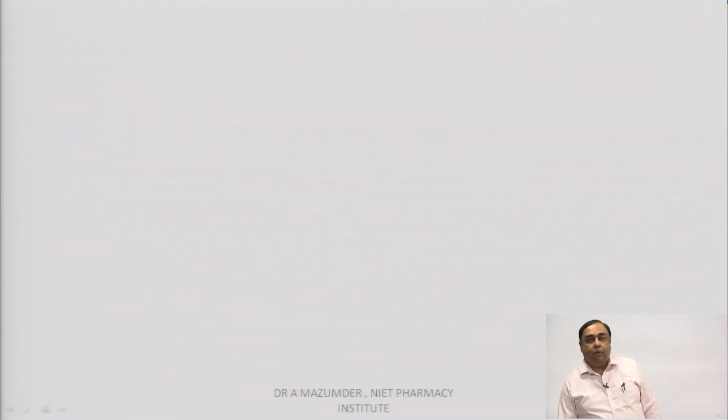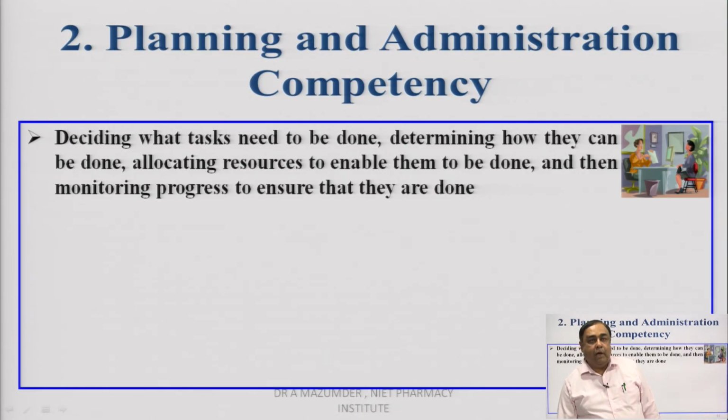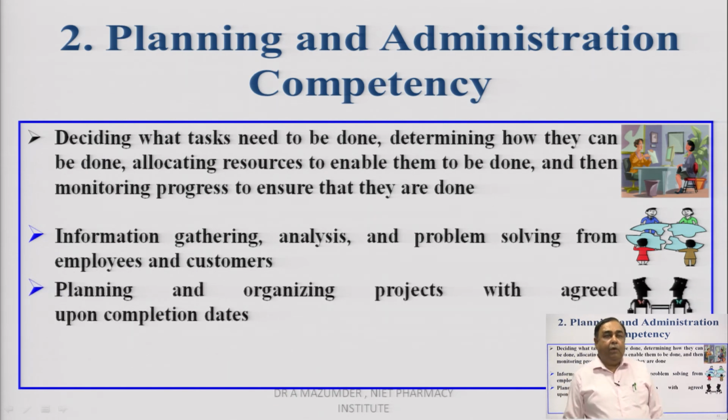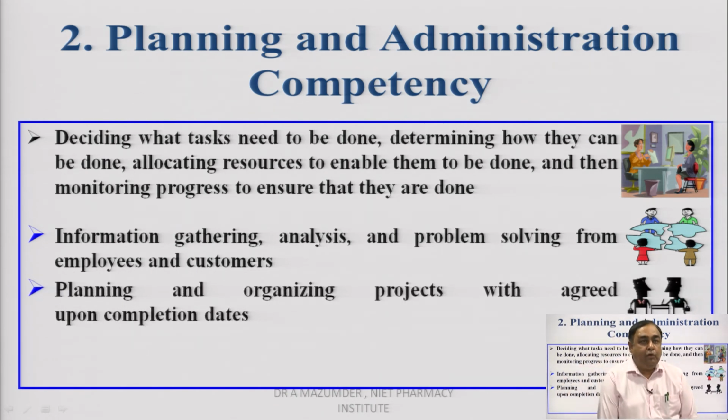The next competency which a manager should have is planning and administrative competency. Decide what tasks need to be done, determine how they are to be done, allocate resources to enable them to be done, and then monitor the progress across a period of time. Information gathering, analysis and problem solving, from the employees as well as from the customers, all come under planning competency.